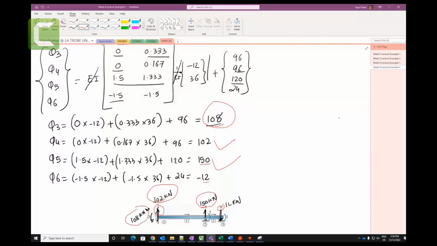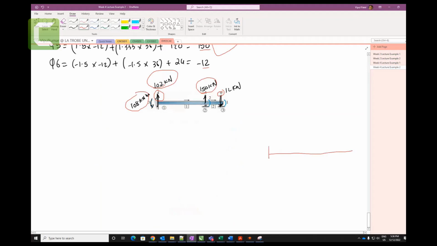You can draw the free body diagrams here. I can share the screen with you. So in the assignments, for the final answers, you can just draw, let's say this is fixed, and this is roller, and this is roller.